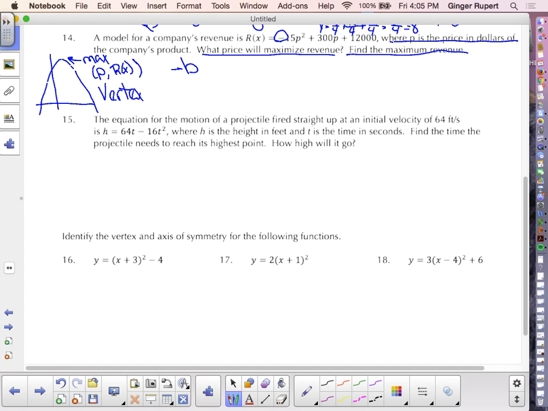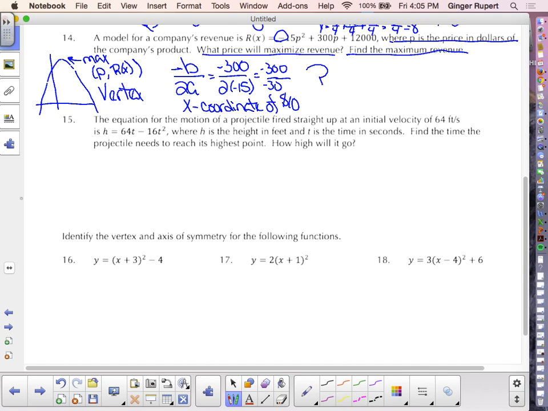So minus B over 2A is going to give me minus 300 over 2 times negative 15. Gives me negative 300 over negative 30, or an x coordinate of $10.